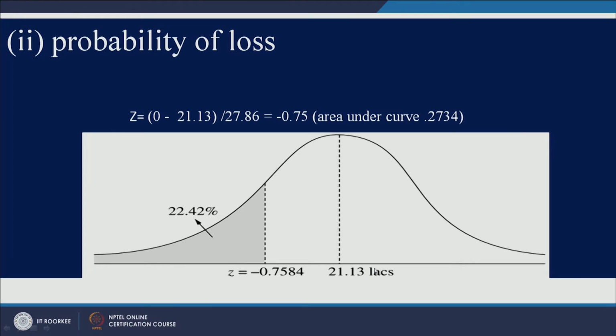Now what is the probability of loss for this particular project? Take x is equal to 0, right. Again calculate z value, which is now minus 0.75. Now you need to look at area under curve.